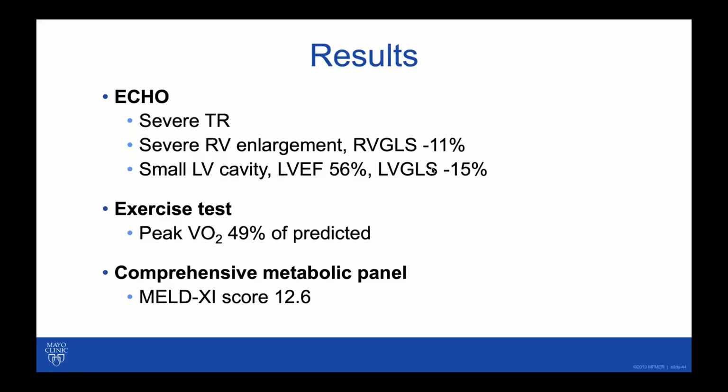He's asymptomatic according to him, but his peak VO2 is just 49%, which is in the low range, and we know the prognostic implication of low peak VO2. And again, his MELD-XI score is increased, so there is already hepatorenal dysfunction. And I'm sure you're wondering what happened to the patient.